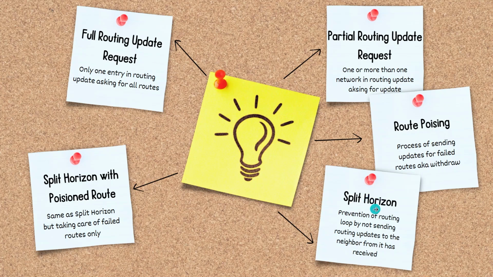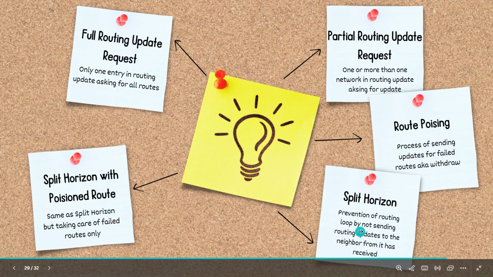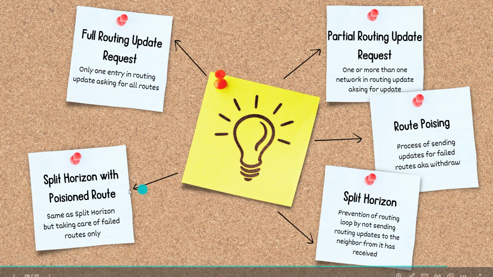So it is nothing but the prevention of routing loops by not sending routing updates to the neighbor from which it has received the route. That is the specific scenario of split horizon. And then we have something called split horizon with poison reverse. It's the same as split horizon, but it is the specific scenario for route withdrawal.